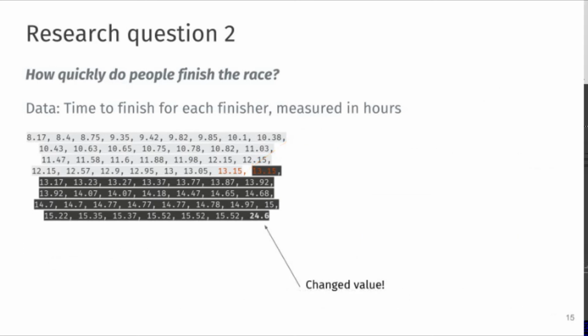But the median still has some issues, just like the mode. So imagine that instead of being just shy of 18 hours, the longest time was over a day, 24.6 hours. And I will say that most of the people that do the 100 miles do take about a day to actually finish that.